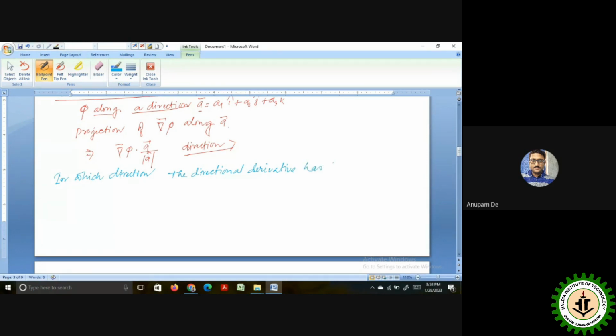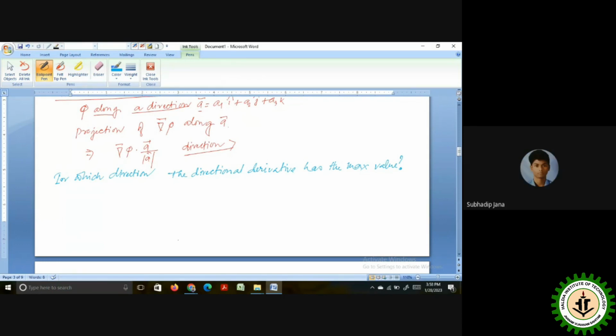Can anybody tell me in which direction it will have the maximum value? Parallel to the A vector.